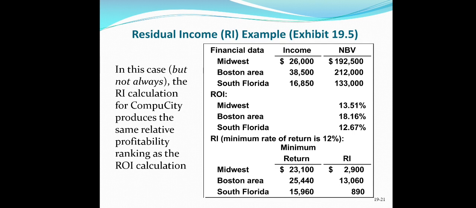Okay, see the explanation here. In this case, but not always, the RI calculation for CompuCity produces the same relative profitability ranking as the ROI calculation. Like I said earlier, in this example the ranking is the same, but in other situations, most of the time the rankings are different when you use ROI and when you use RI.